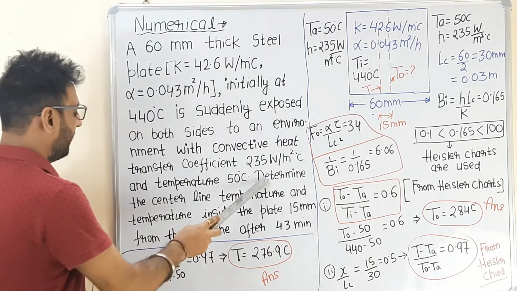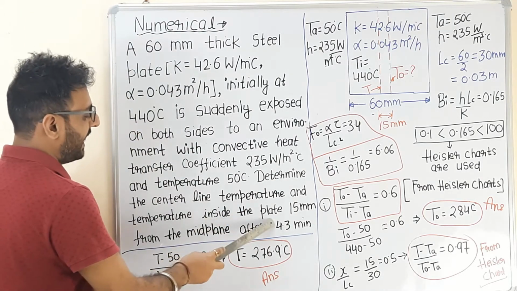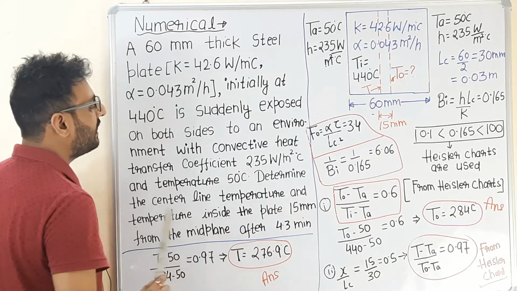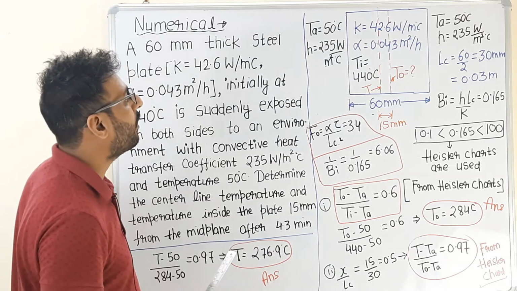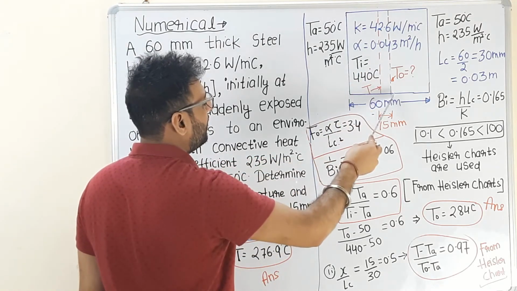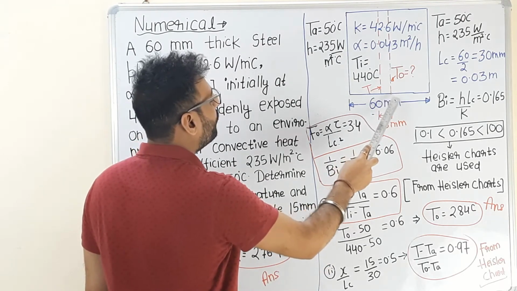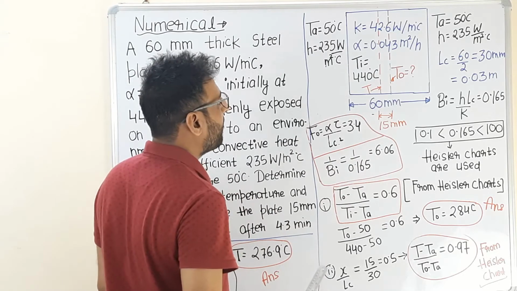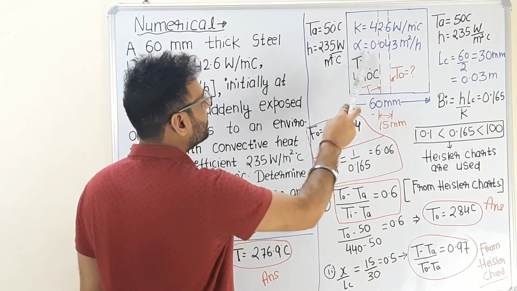Now we need to determine the center line temperature and the temperature inside the plate 15 mm from the mid plane after 4.3 minutes. According to the problem, the temperature at the center line of the plate is asked after a time lag of 4.3 minutes. Initially the temperature of the plate is 440 degrees centigrade.